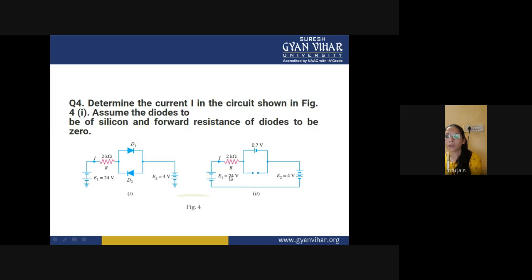When you apply KVL from this side, you will get 24 volt minus 2 kilo ohm into I minus 0.7 volt and minus 4 volt equal to 0. By solving this equation, you can easily find the current I which is flowing through this diode.